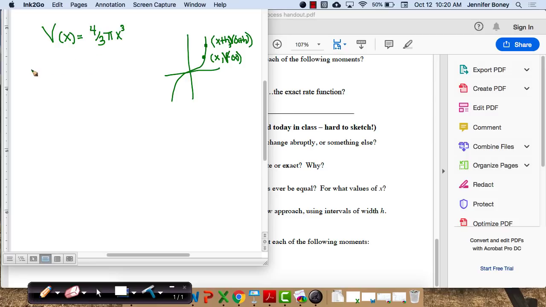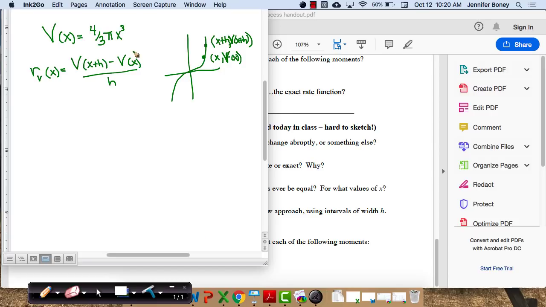And think about the rate of change of this function V in general. It'd be most generically V of x plus h minus V of x over x plus h minus x, which is going to be h.